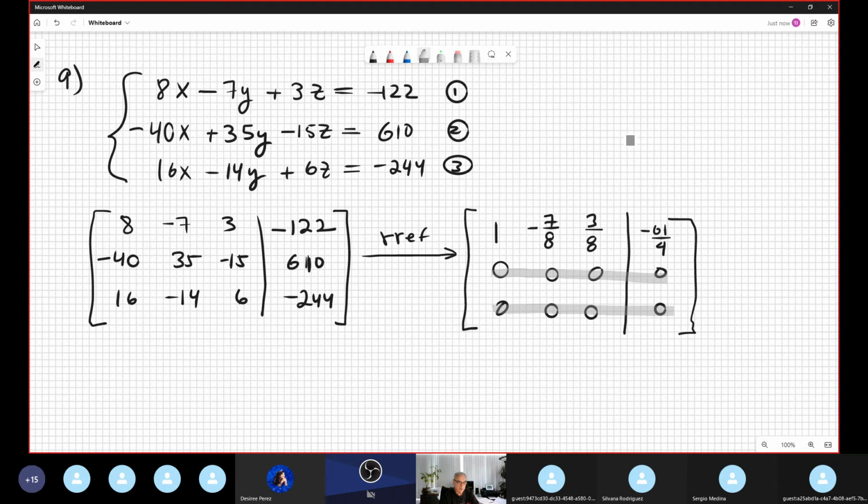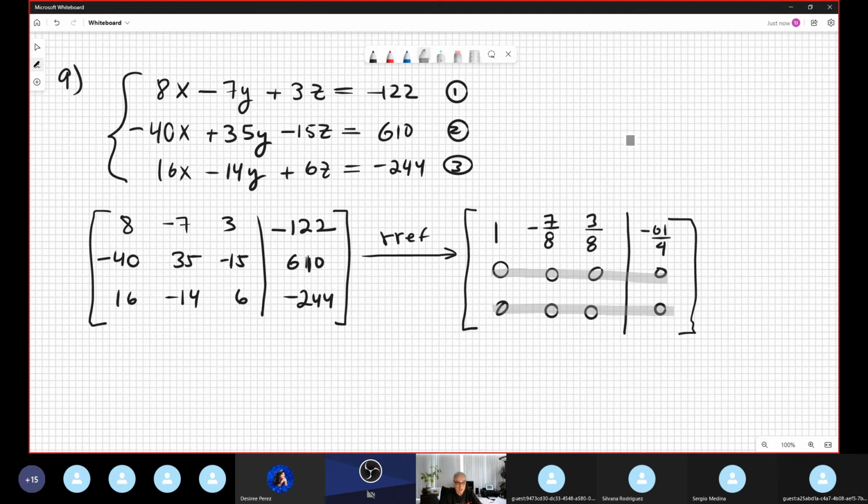So you multiply, for example, the first equation by 2: 2 times 8 is 16, 2 times 7 is negative 14, 2 times 3 is 6, and 2 times negative 122 is negative 244. If you likewise multiply the first equation by 5, but at the beginning I didn't see that.